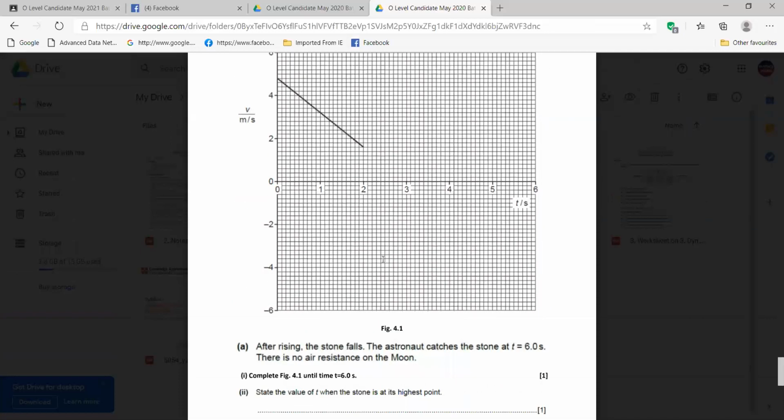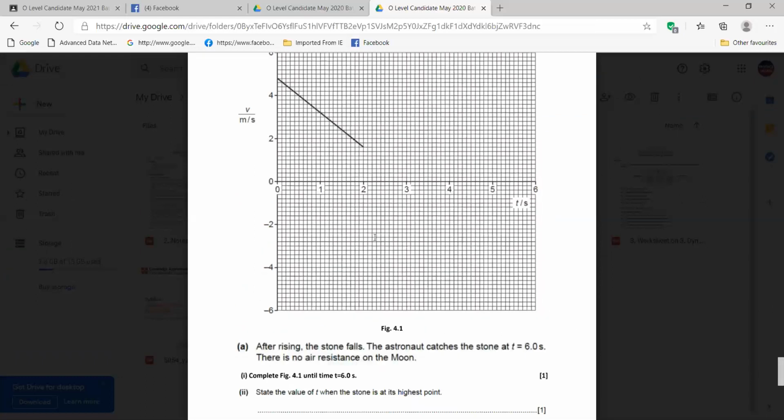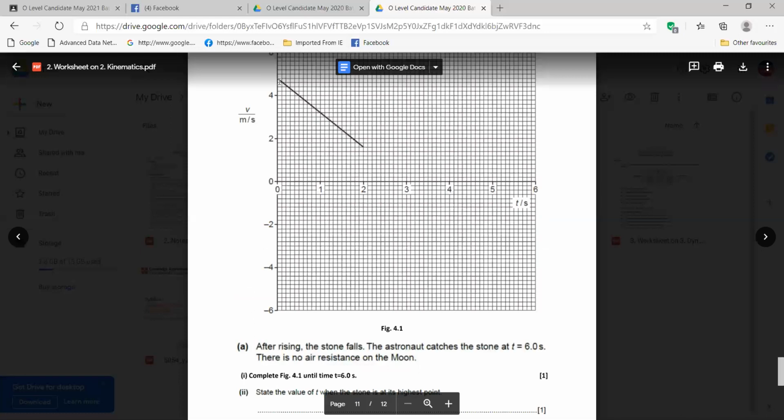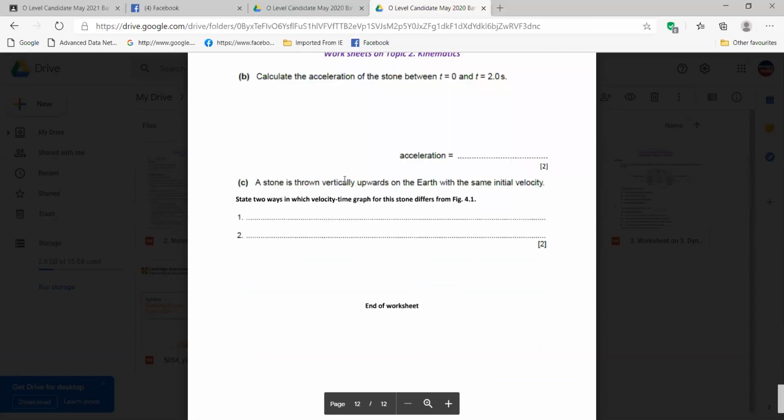Yes, it will reach a different maximum height. And if it is going through this part, there will be less time, so it will reach the maximum height faster. Okay, these two points.